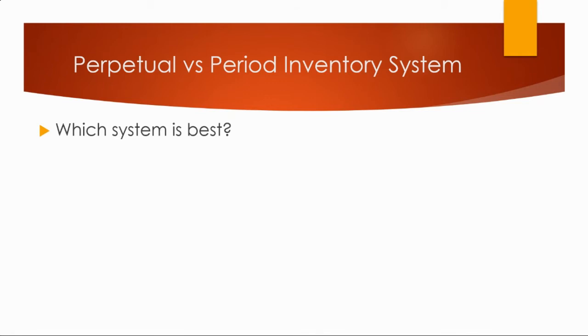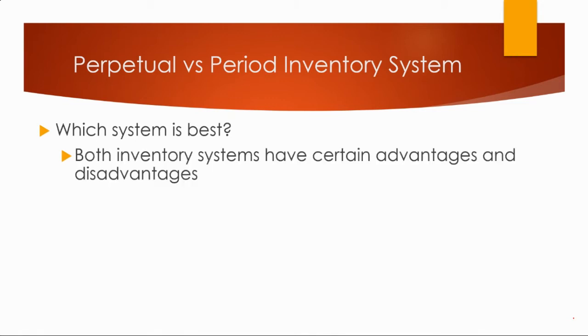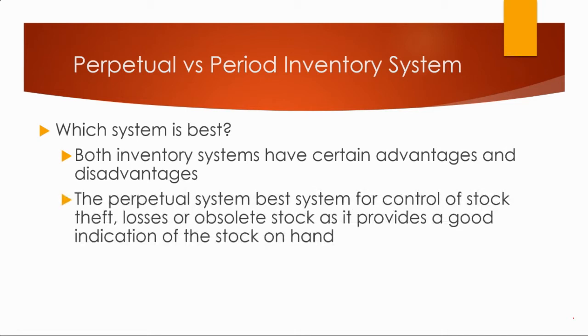Yes, that's absolutely correct. So actually, both systems have their pros and their cons. So it will depend on the company which one would be better. So both systems have certain advantages and certain disadvantages. So the perpetual inventory system would be the best to control your stock against theft, lost, or obsolete stock because you know exactly what your stock is on hand.